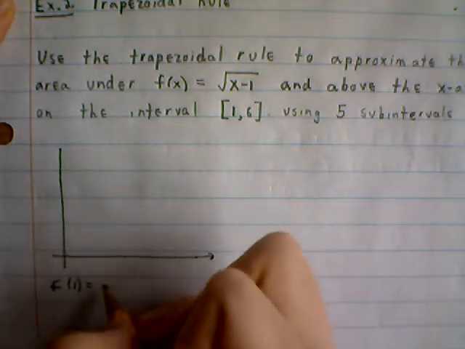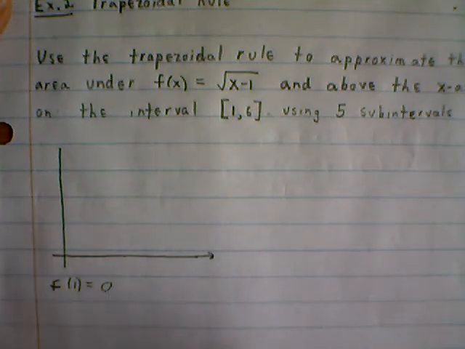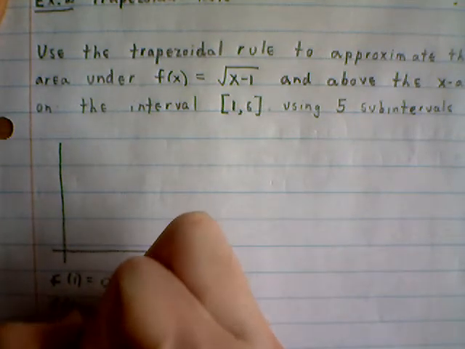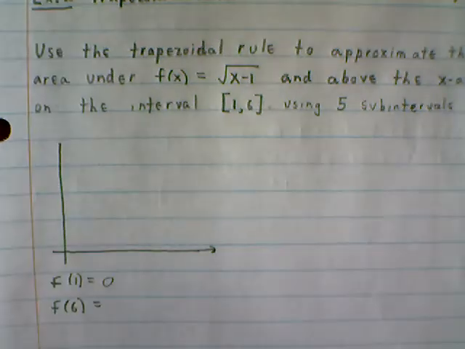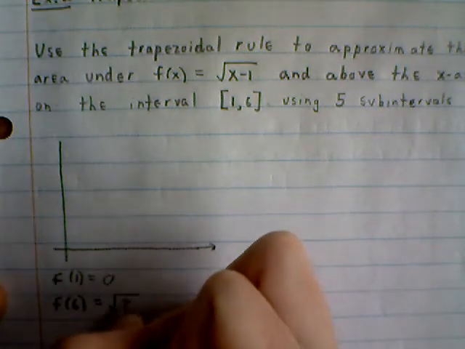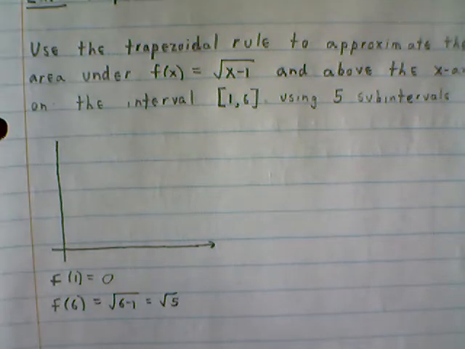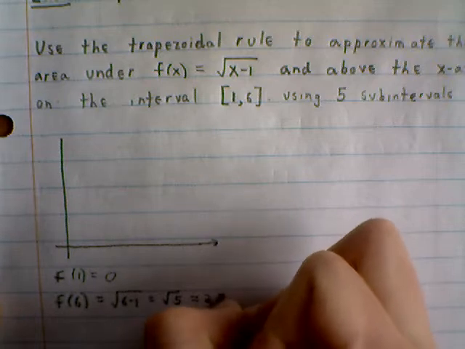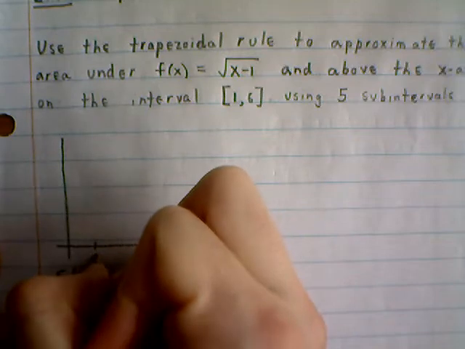So f of 1 is going to be 0, because if I plug in 1 and have 1 minus 1 or 0, square root of 0 is 0, and f of 6 is going to be the square root of 6 minus 1, which is the square root of 5, which is approximately 2.23.